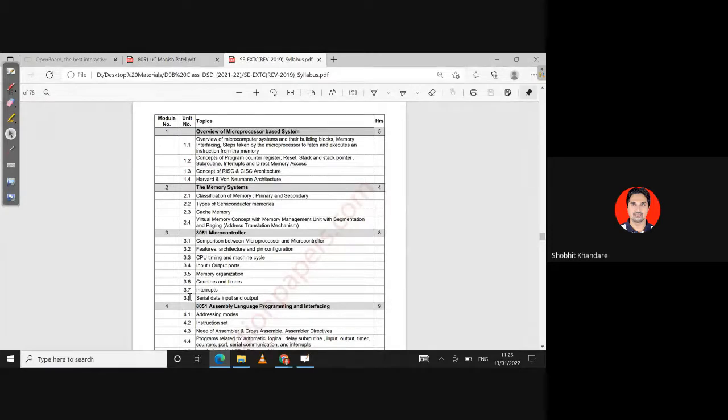These are different terms which will confuse you, and there are definite bifurcations. There are definite set rules that these are called microprocessor, these are called microcontroller, and these are called a microcomputer. So we have to differentiate them and study them in a comparative understanding.